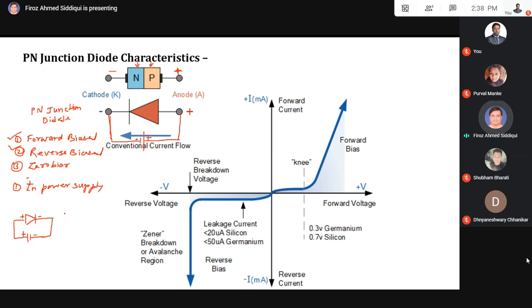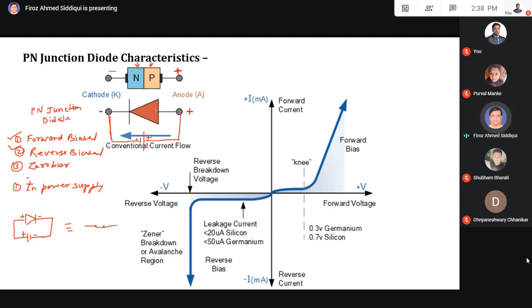So this diode is said to be in forward bias condition. When the diode is in forward bias condition, it will work like a short circuit. That means it will allow the current to flow through it.